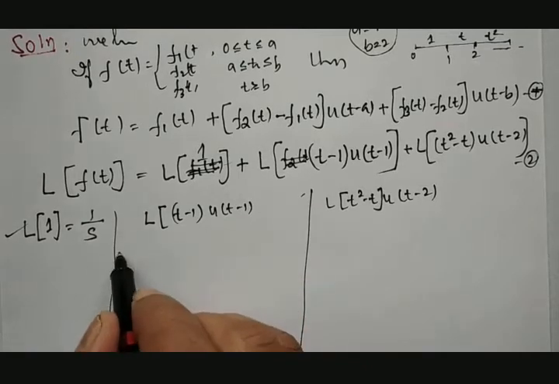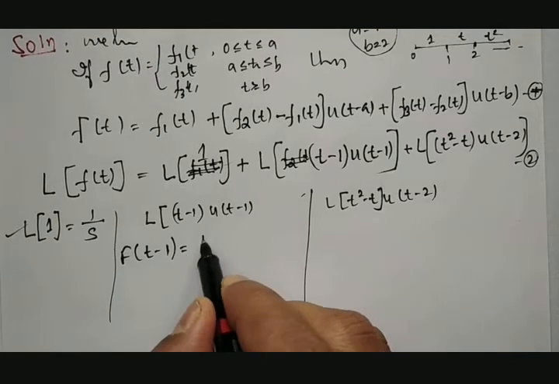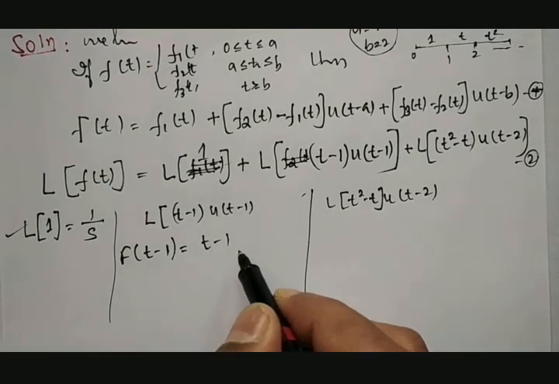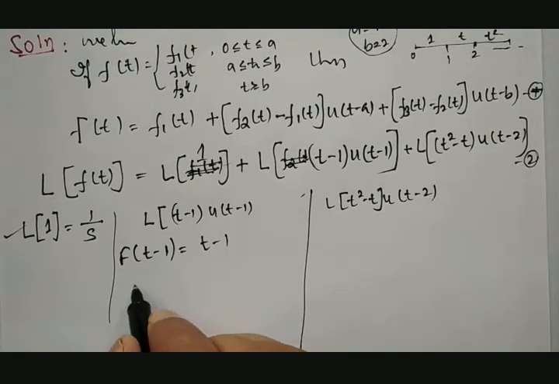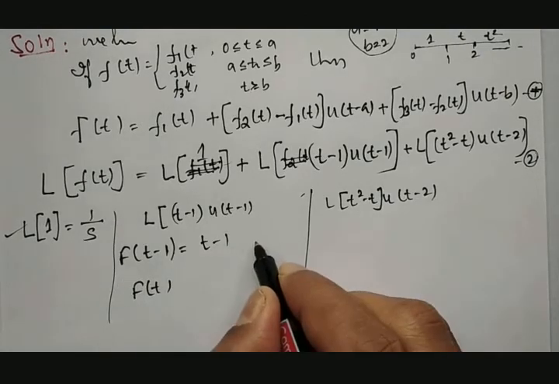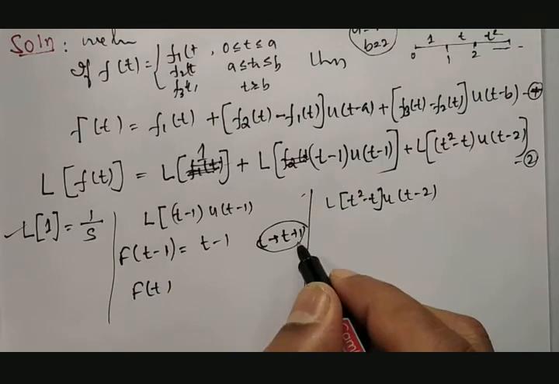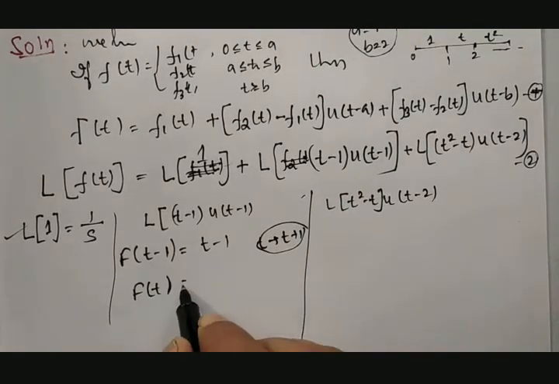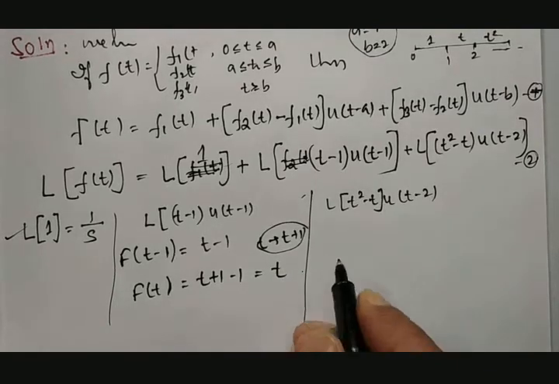Second part, we can see in this case what to do. We will be taking f of t minus a, that is nothing but 1, which is nothing but the bracket, that is t minus 1. So to make it f of t, we need to replace t by t plus 1. Then it becomes f of t is equal to t plus 1 minus 1, which is equal to t.